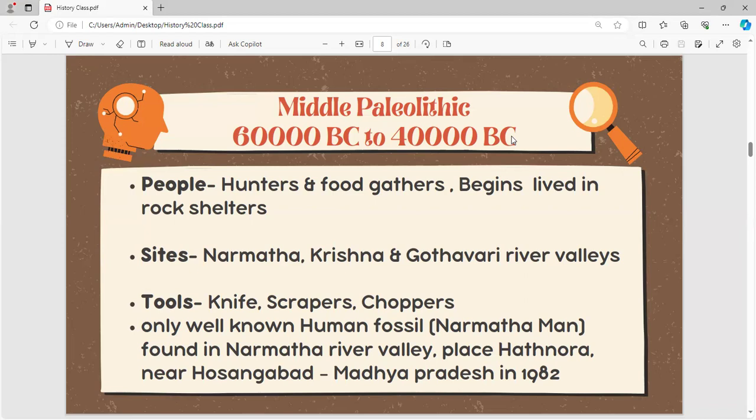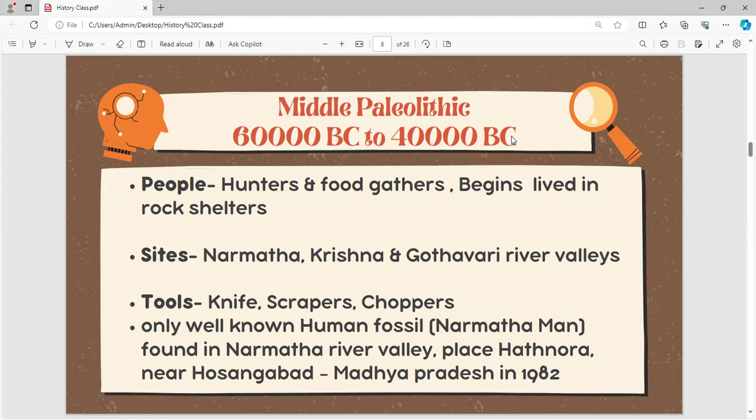They knew something about making shelter for their day-to-day life. From open shelter, they moved to rock shelters. Important sites are in the Narmada, Krishna, and Godavari river valleys. They just made shelters and lived there. Tools they used are knives, scrapers, and choppers.